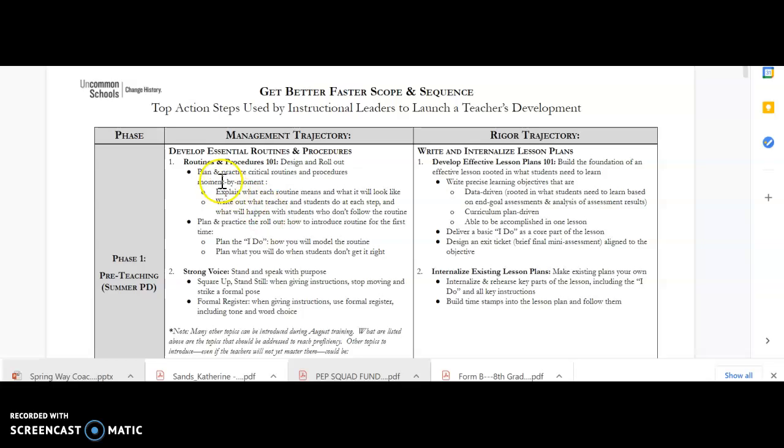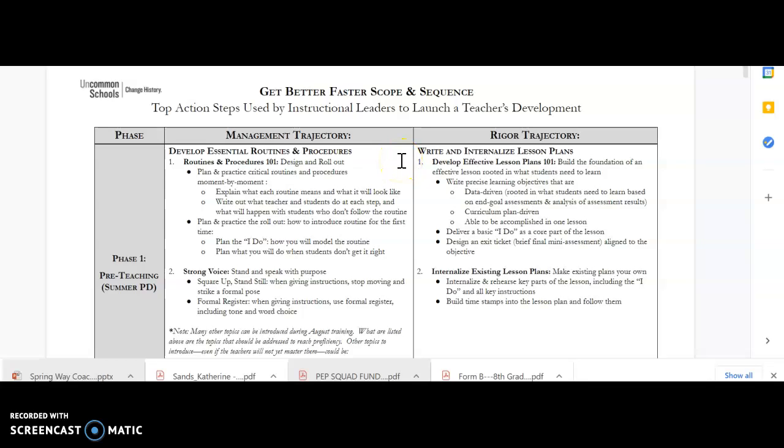In phase one, develop essential routines and procedures. When you are observing a class and you notice certain things, it's going to fall into two categories: does the classroom need more management or rigor? That's where you start looking.